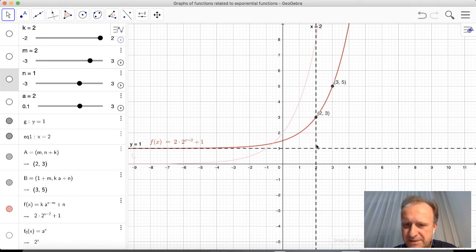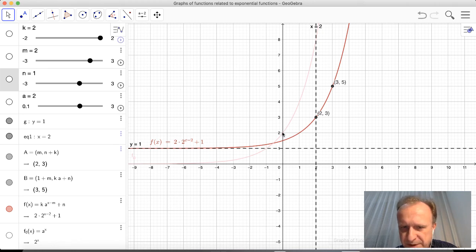So you can now see the original position of this point with coordinates 2 and 3. It had to be perhaps here. Yes, no, here, it was here.